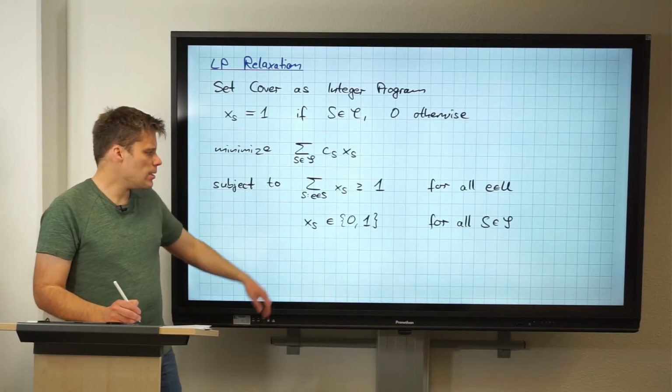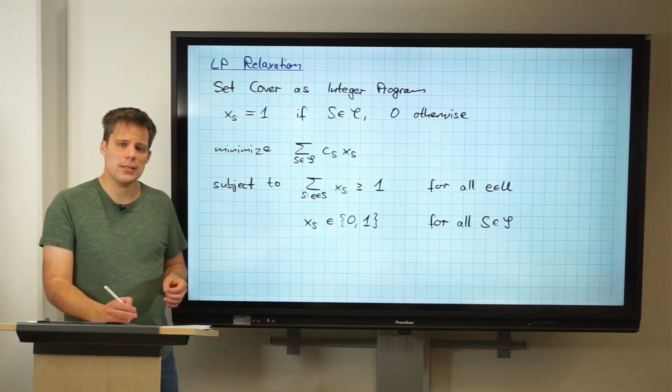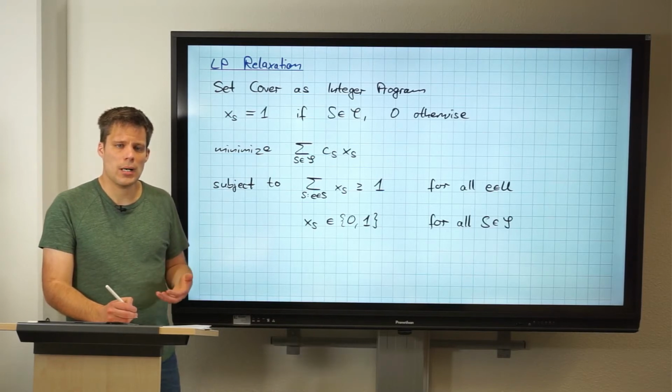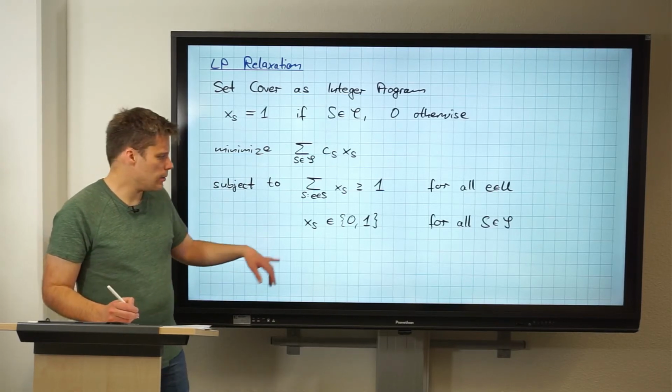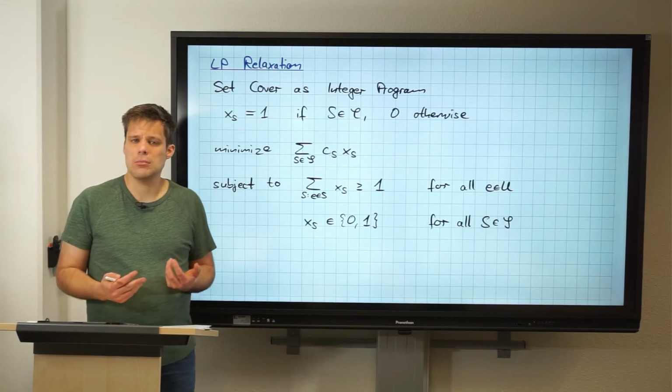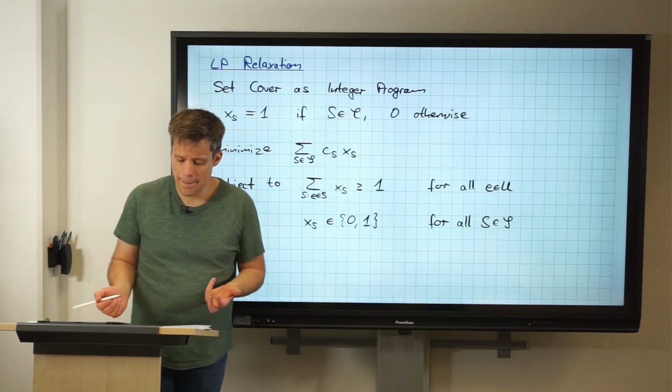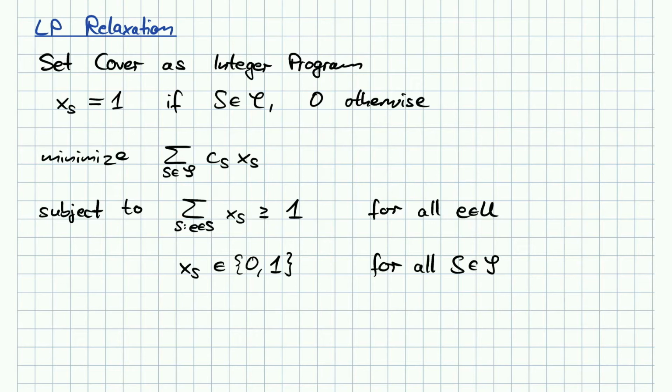And what we'll do now is replace this integrality constraint by the constraint that XS should somehow be between 0 and 1. Then we'll get to a linear program.